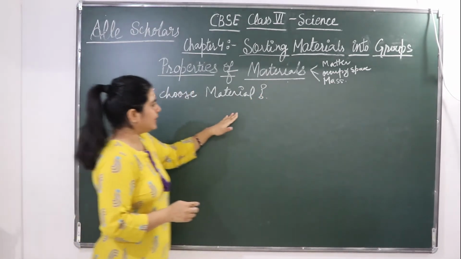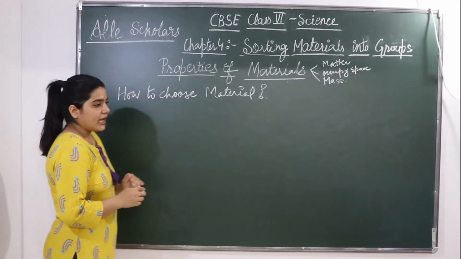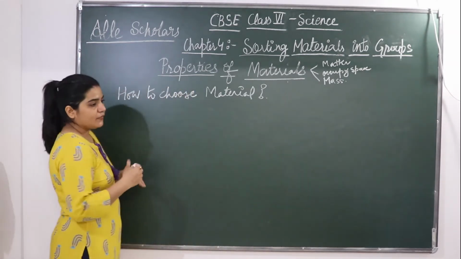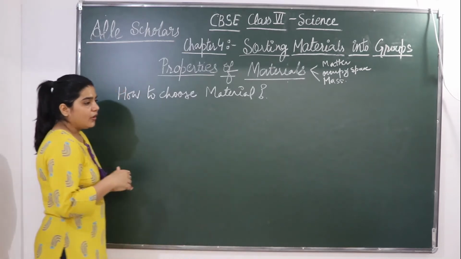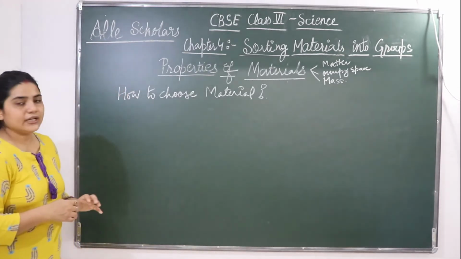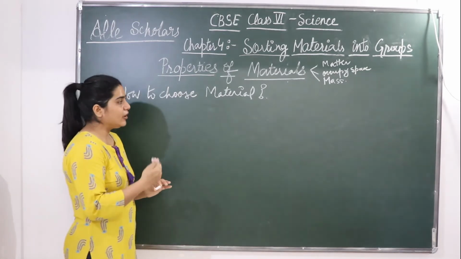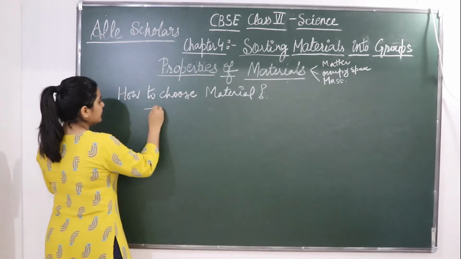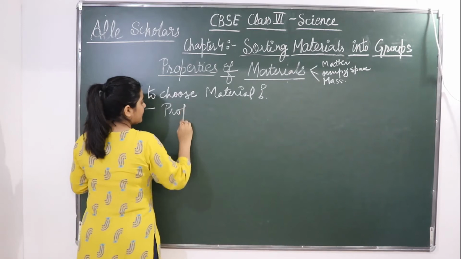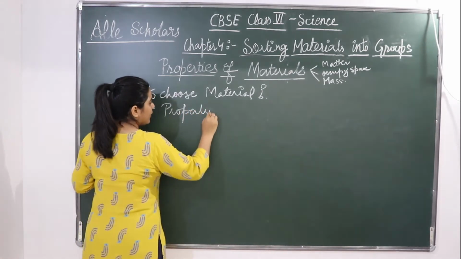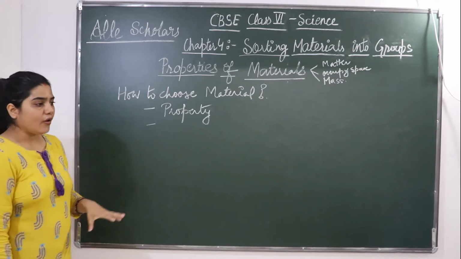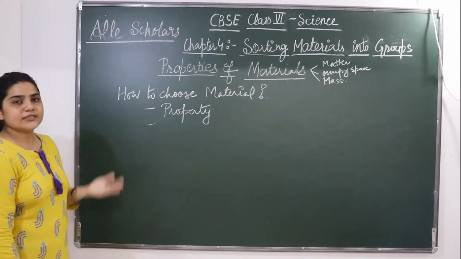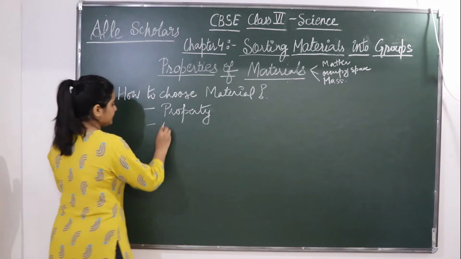That depends upon what object we are going to make. We choose a material to make an object depending upon its property, and on the purpose for which it is going to be used.